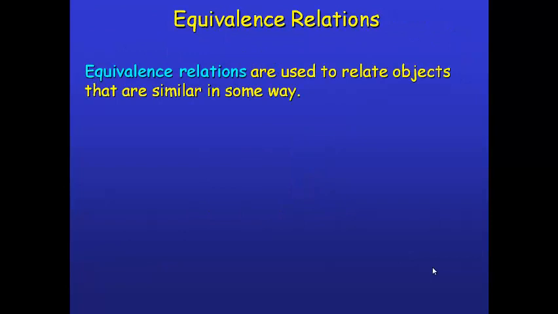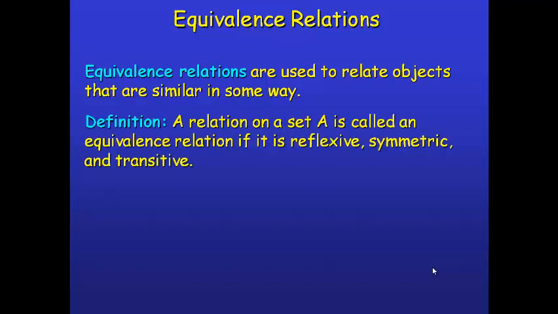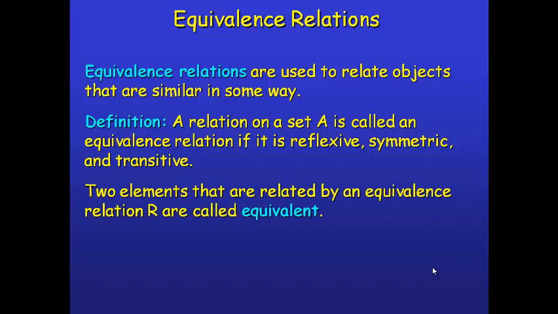The next definition is equivalence relations. Equivalence relations are used to relate objects that are similar in some way. So what is that? A relation on a set A is called an equivalence relation if it is reflexive, symmetric and transitive. Two elements that are related by an equivalence relation are called equivalent.